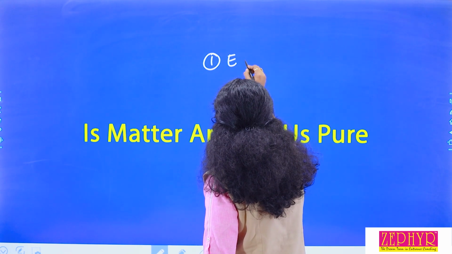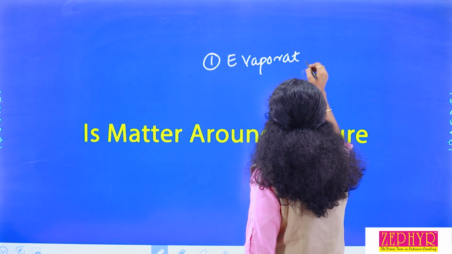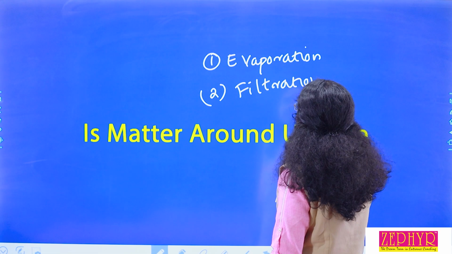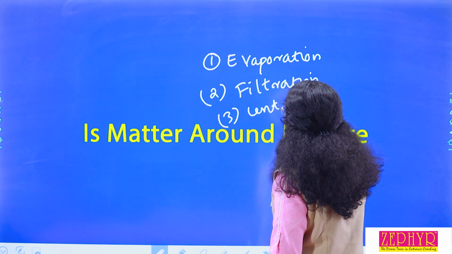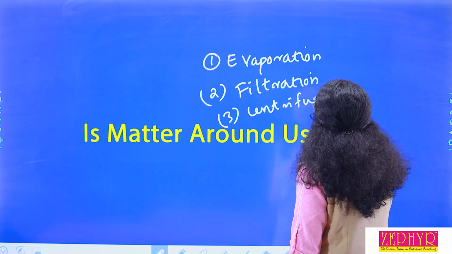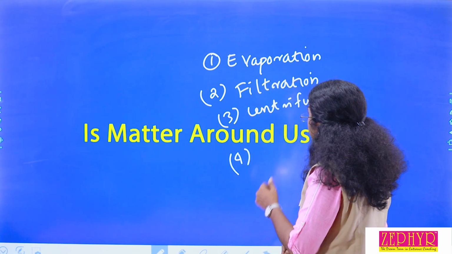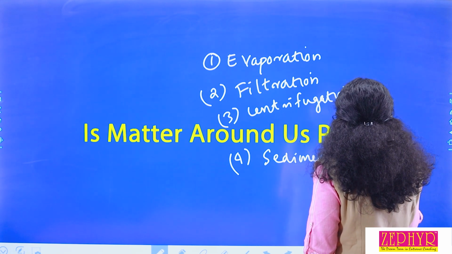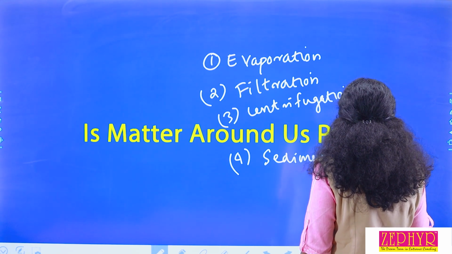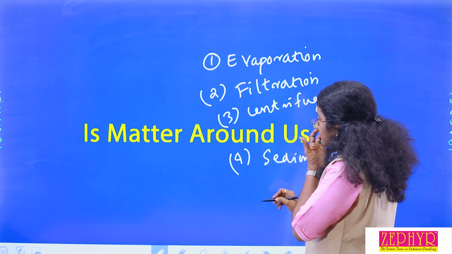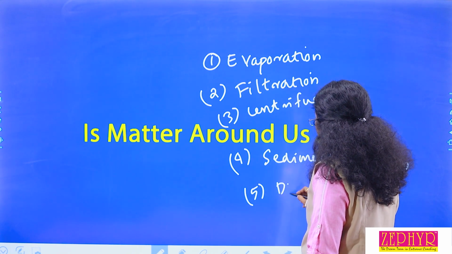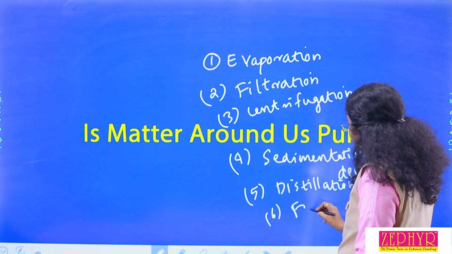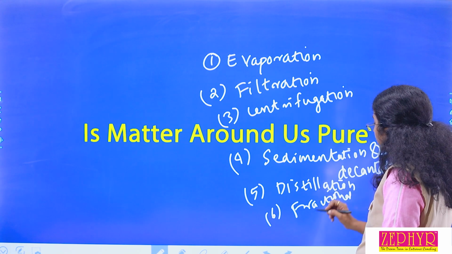First one is evaporation, then filtration, another method is centrifugation, then sedimentation and decantation, then distillation, fractional distillation, etc.